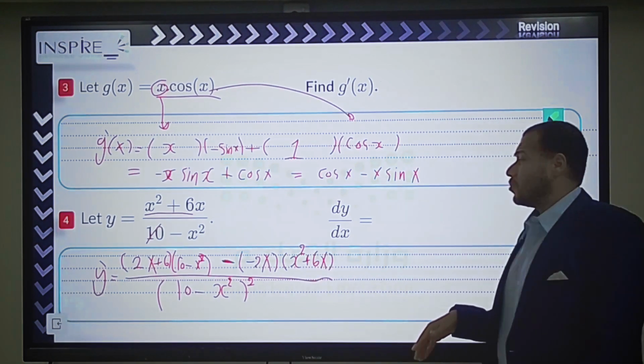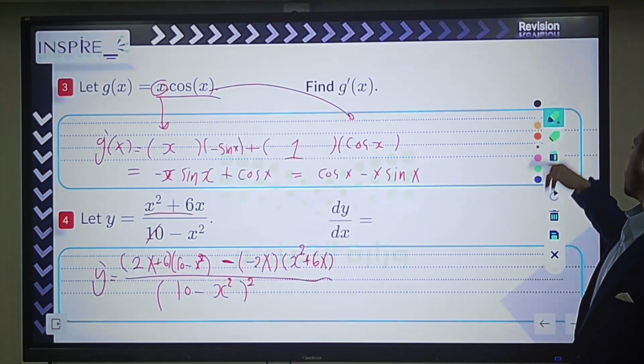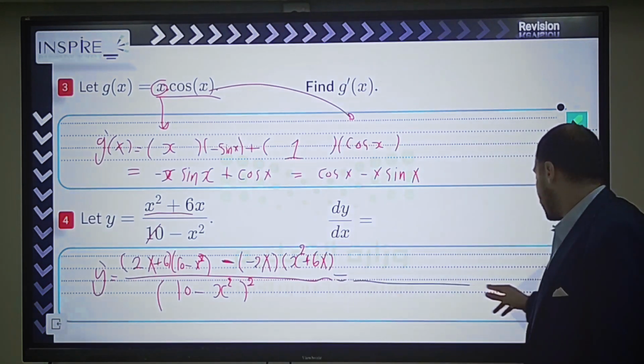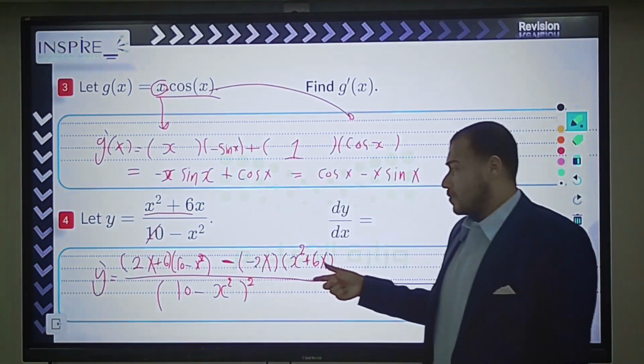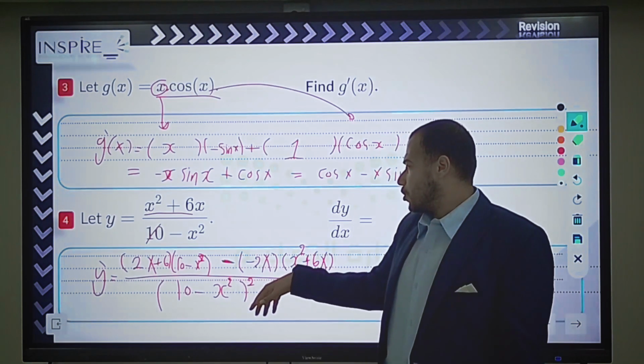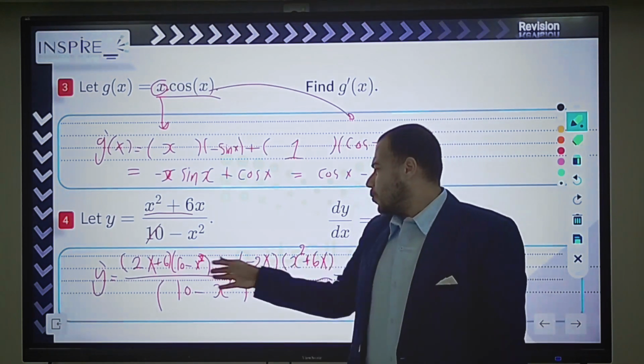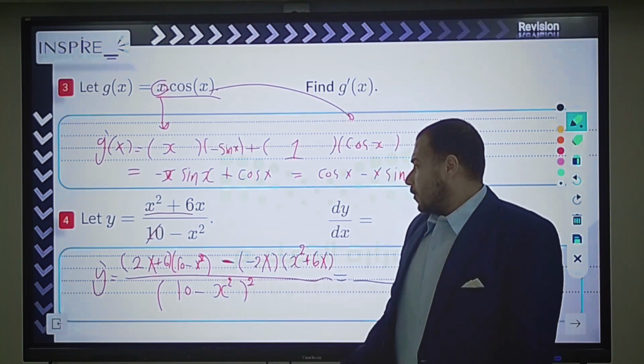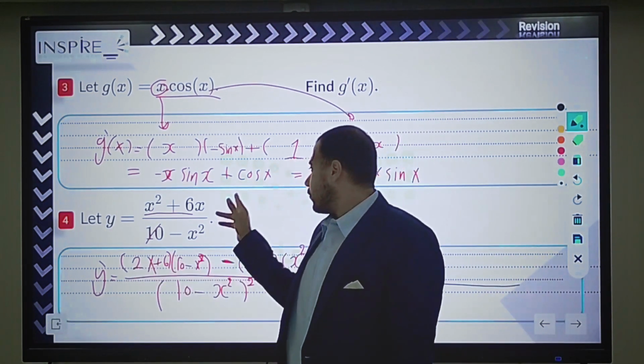Okay, this one, if you want to simplify it, will take lots of steps, so we will just try to make it a little bit neat, but we won't complete all of the simplification for this one. You can multiply the two brackets and subtract, and you can expand this bracket. But let's see. Okay, let's use the FOIL method.